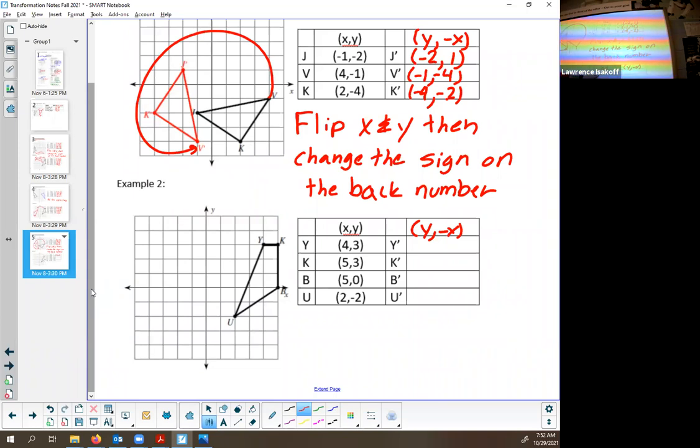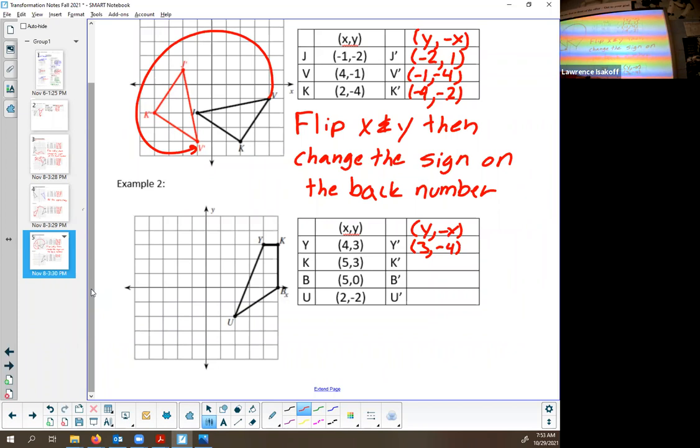So let's start doing that. Which should my new point for Y be based off this rule? Well, remember the one that ends up in the back is the one that gets the sign change. So it should be 3, -4. If it was a 90, you would have been right, but now we're doing 270.